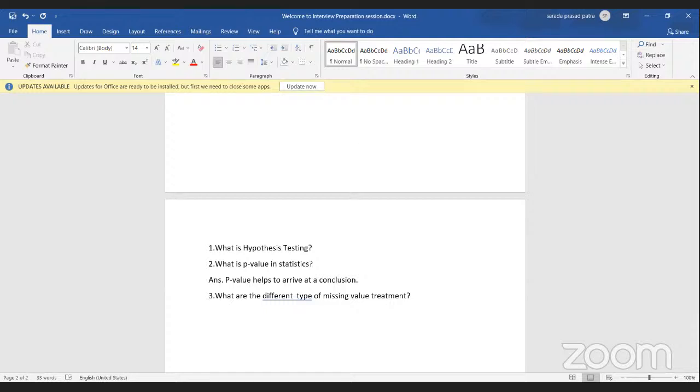Okay, I'm writing the answers. The first one is deletion of missing values. Then the second one is guess the value. We can guess also.